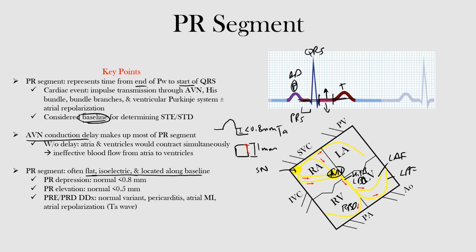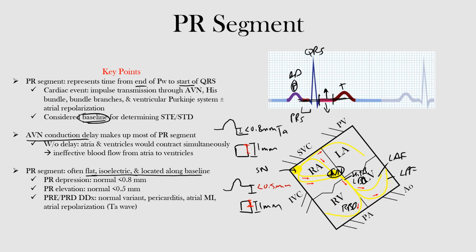Now, in terms of PR elevation, where the segment is elevated from the baseline, normal is considered less than 0.5 millimeters. If we have our small box representing 1 millimeter, that would be half the box, which is considered normal PR elevation.